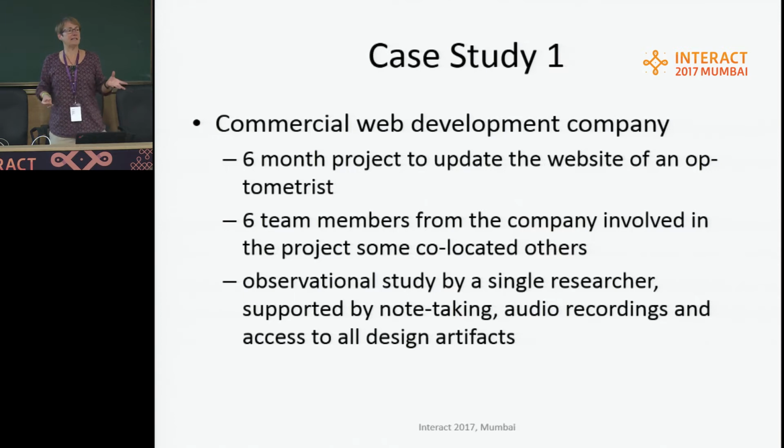They very kindly let us inject our researcher into their process, who did an observational study, which meant she took part in all of their design meetings. She had access to the design artifacts. She was able to observe the meetings, take notes, record them, and so on.